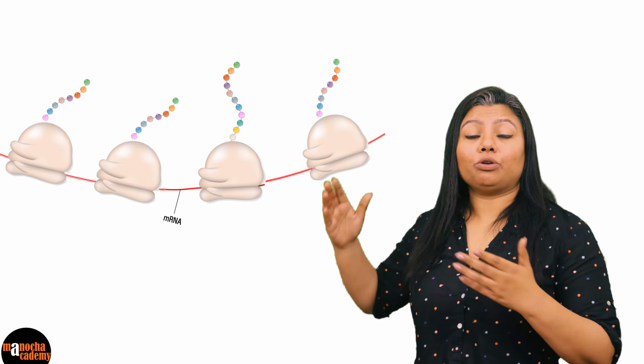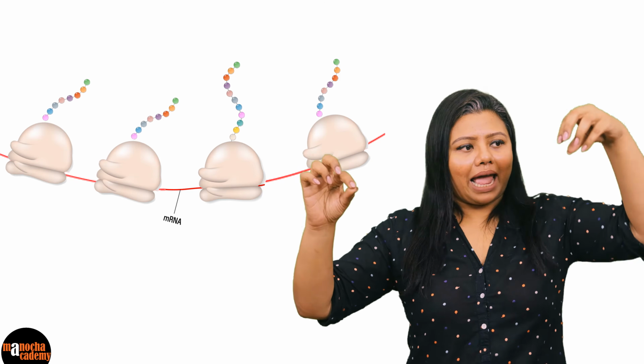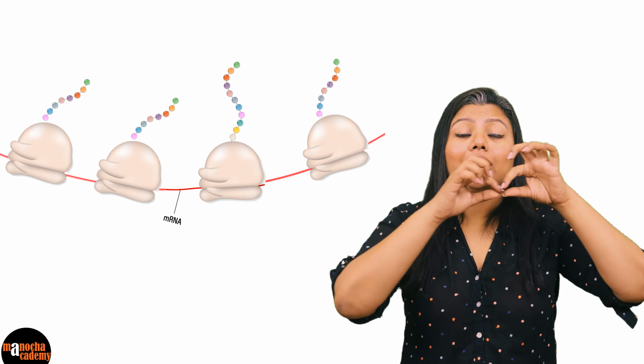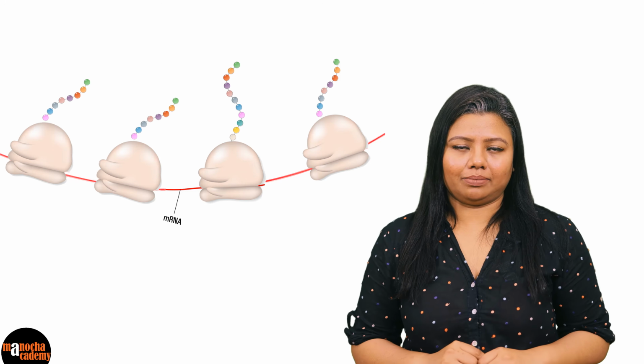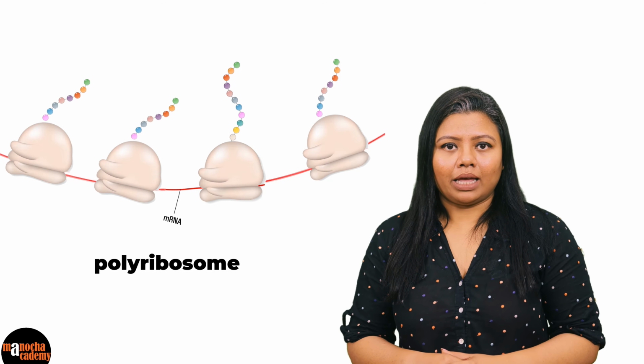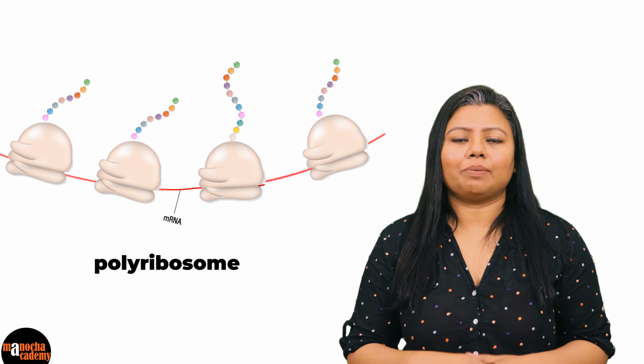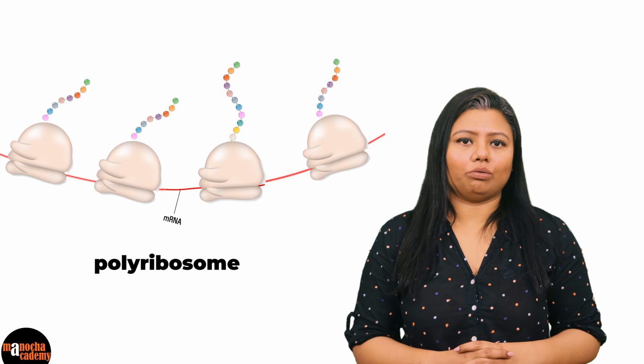Now imagine it looks something like this, where you have an mRNA and many ribosomes attached to it like a string of beads. This is known as polyribosome. It is found only in prokaryotic cells. In eukaryotic cells, polyribosomes are not really found.